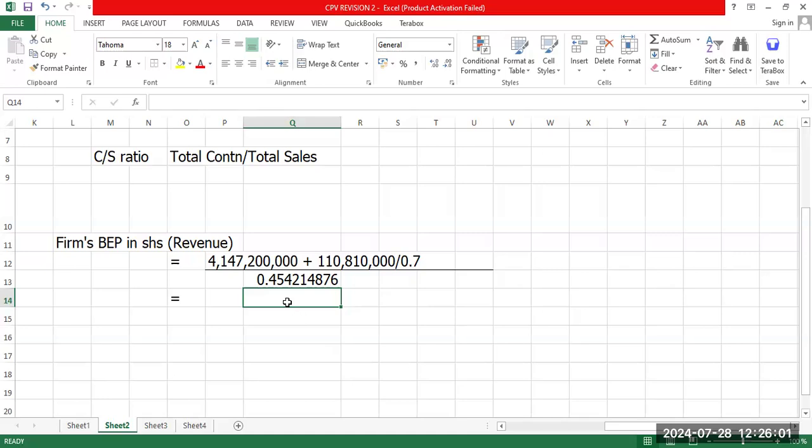The first figure is what? 9 billion, 478, 993, 814.